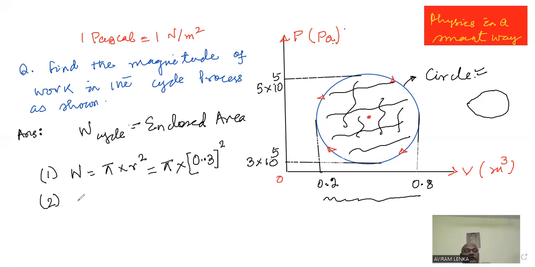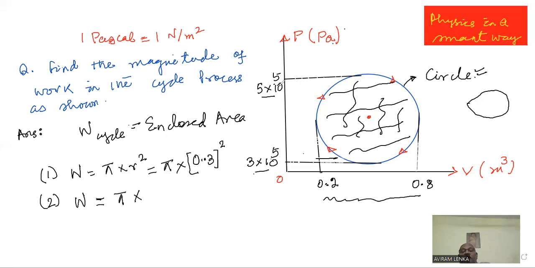A second student can also find work using the same formula, pi r square, where pi is 3.14. If the student emphasizes the pressure, we know the pressure spread is from the lowest pressure, 3 into 10 to the power 5, to the highest pressure, 5 into 10 to the power 5.